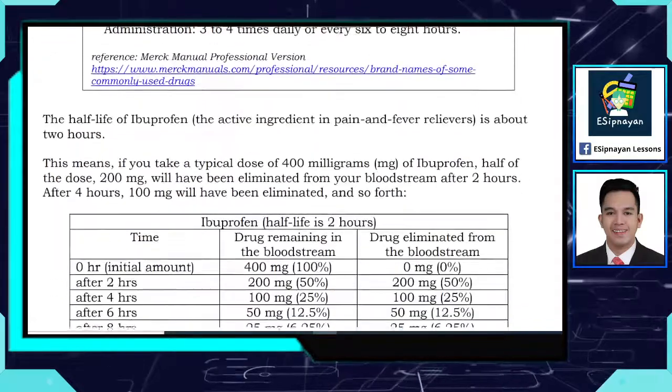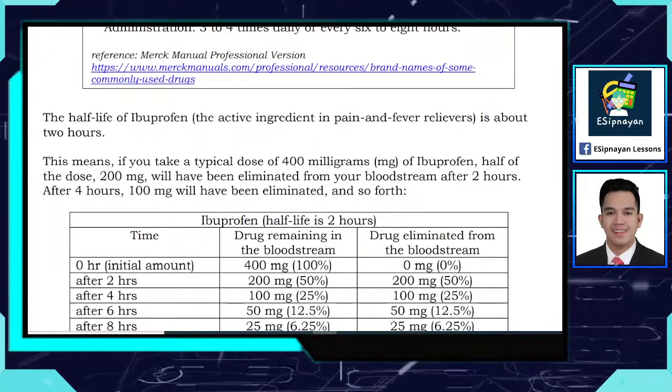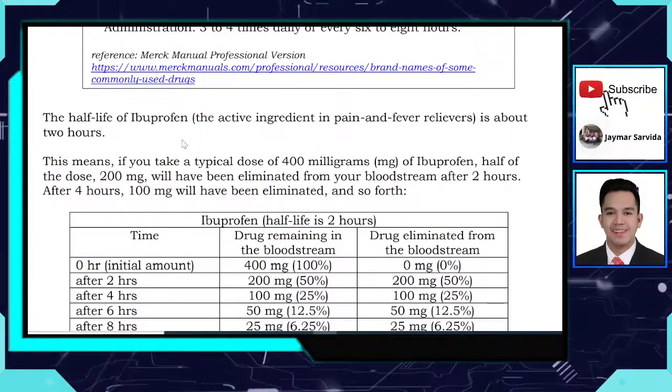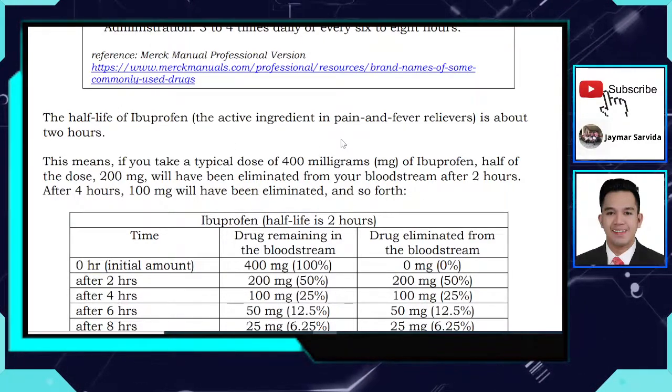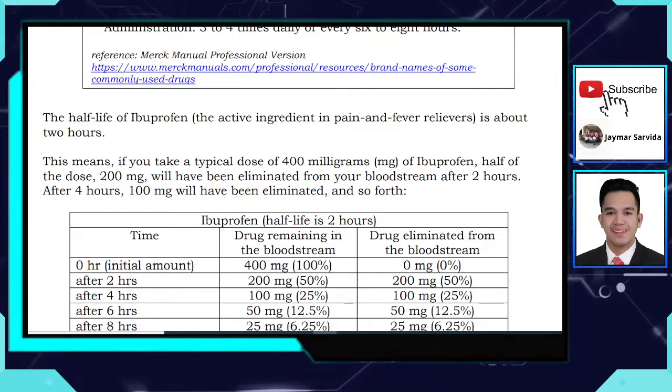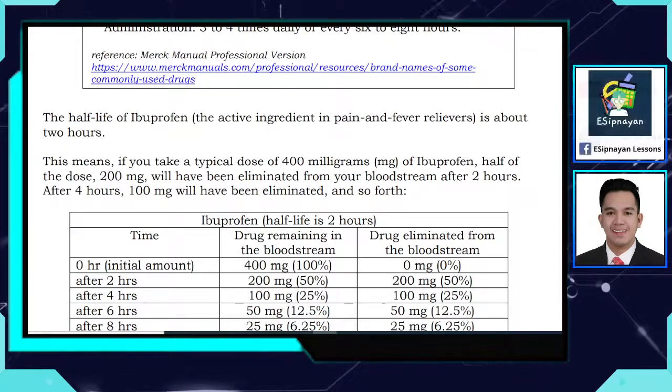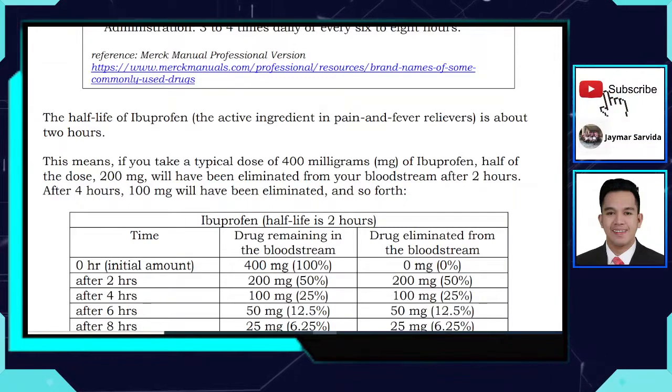Okay, so for example, the half-life of ibuprofen, the active ingredient in pain and fever relievers, is about 2 hours. This means if you take a typical dose of 400 milligrams of ibuprofen, half of the dose, 200 milligrams, will have been eliminated from your bloodstream after 2 hours.